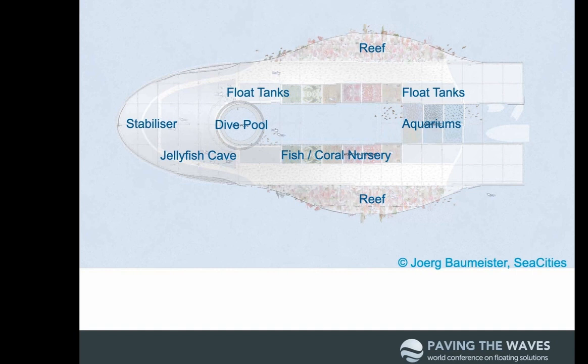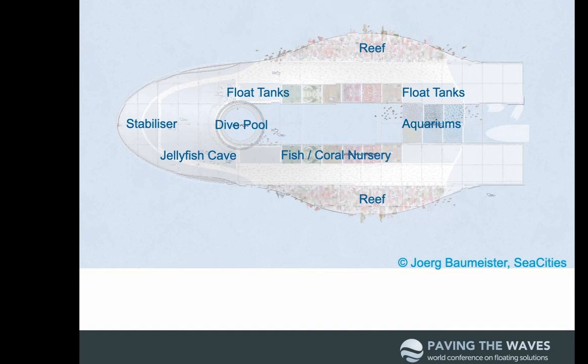And then we have also in the center this glass bottom strip with the different aquariums. So you can look from the top through the glass bottom into the aquariums and into the different displays. And then this glass bottom is developing into a small pool, and then it ends in this dive pool. The structure has also float tanks.